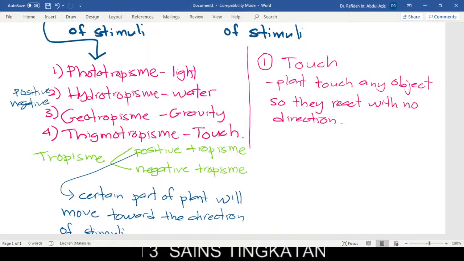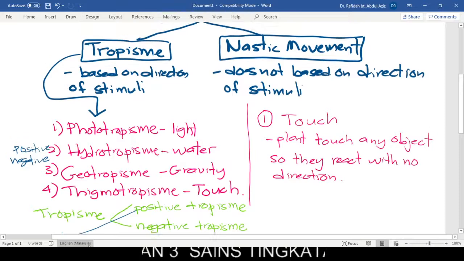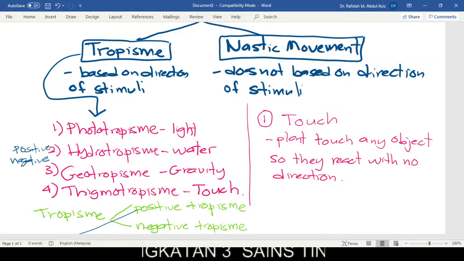In today's lesson, we'll only discuss the concept and the theory of the responses. Okay, so that is the simple explanation about tropism.